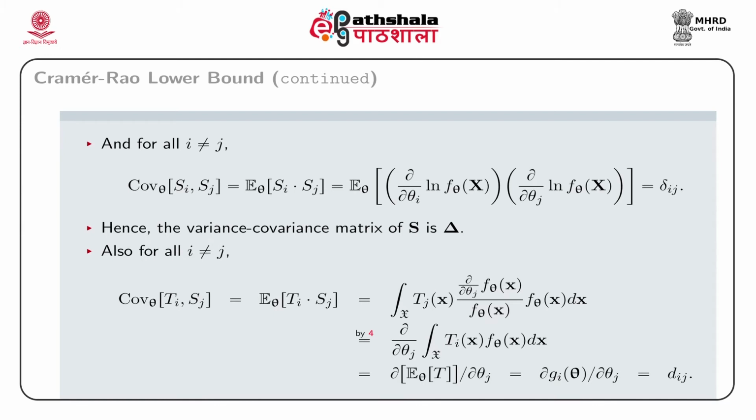Since Ti(X) is an unbiased estimator of gi(θ), this is equal to ∂/∂θj gi(θ), which is equal to dij.